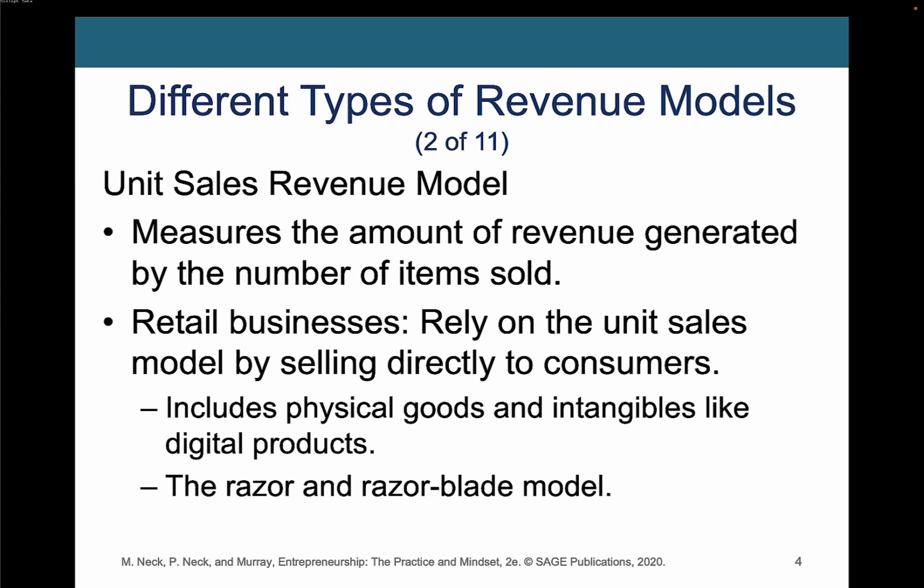However many of those units they sell that day or that month, that's how much revenue they're going to take in, directly from the consumer. So how much is the consumer buying directly from your business? It can be physical goods or intangible goods like digital products.